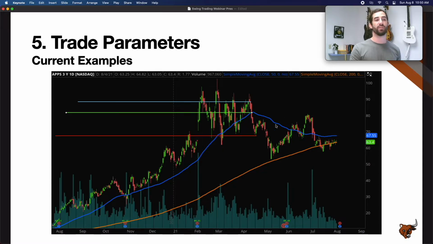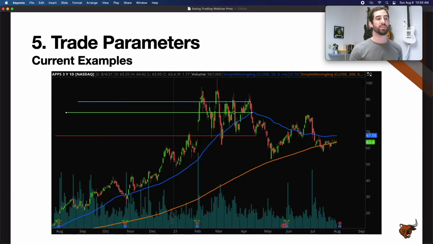We have had a pullback here into the 200 MA. It's also a notable price level. You guys know that by now. And then boom, another pullback into the 200 MA. Okay, so it's kind of held this 200 MA, and it's not breaking down from there.